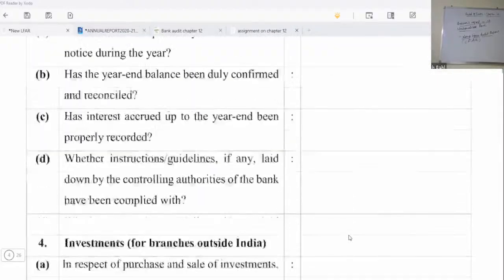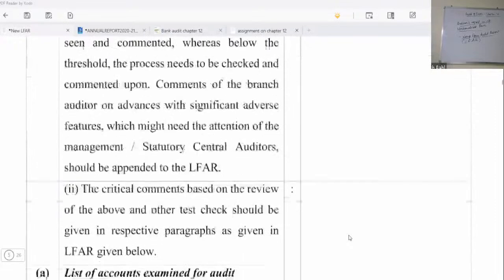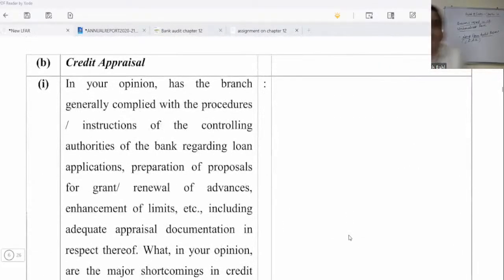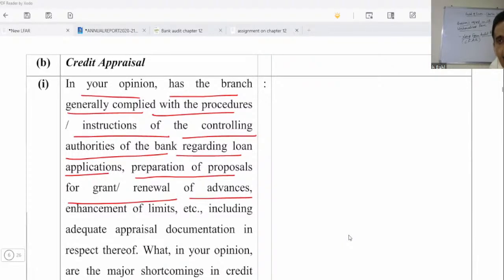Similarly, there are questions on advances. So I will show you advances. Like it asks credit appraisal. It asks, in your opinion, has the branch generally complied with the procedures, instructions of the controlling authorities of bank regarding loan applications, preparation of proposal, renewal of advances, enhancement of limit, including documentation in respect thereof.